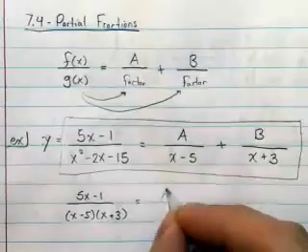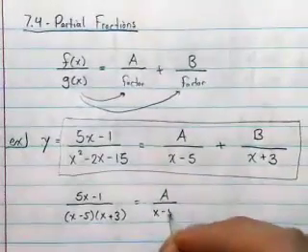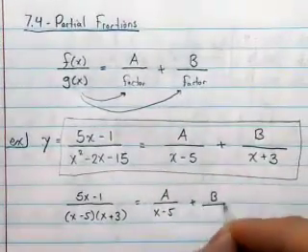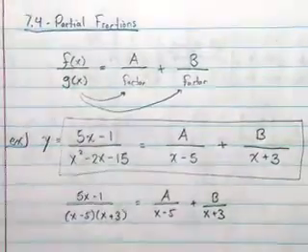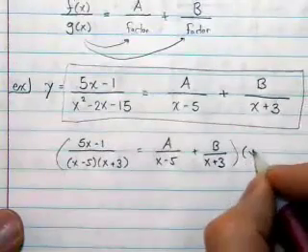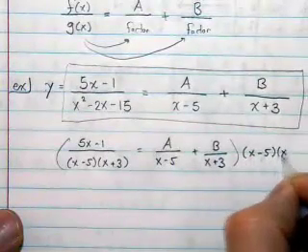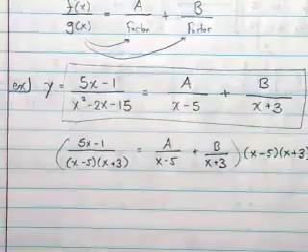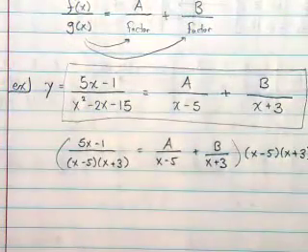Maybe then it'll be a little easier to see what's going on. If I take this entire thing and multiply by x minus 5 and x plus 3, think about distributing that to each fraction. What's going to happen?